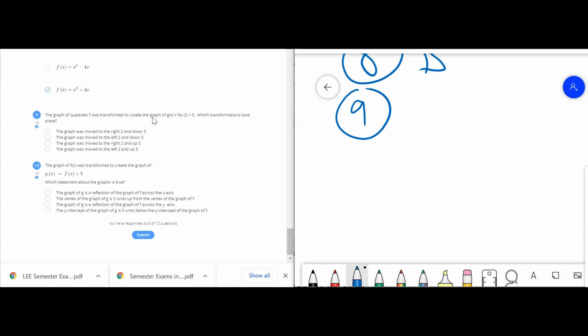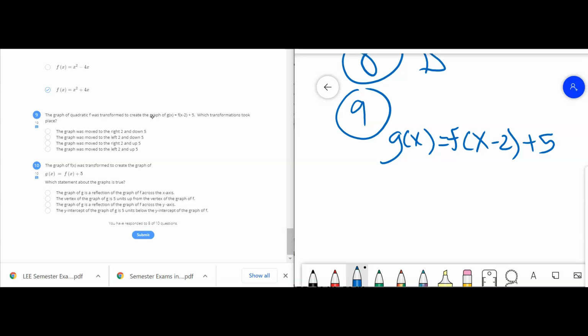The graph of the quadratic f was transformed to create the graph g of x equals f of x minus 2 plus 5. Okay. They want to know what the transformations are, okay?